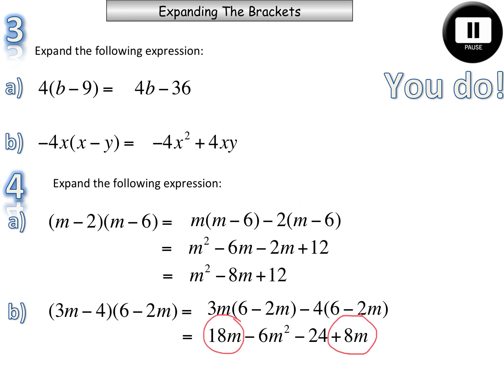These are the like terms. So they work out to be 26m, take away 6m squared, take away 24. Now we have no more like terms, so that final trinomial is our solution. That's our final answer.